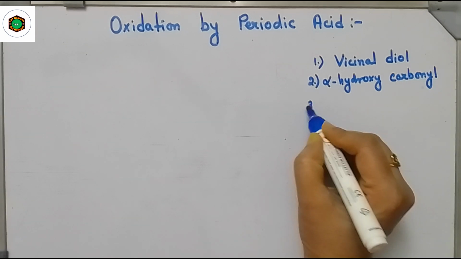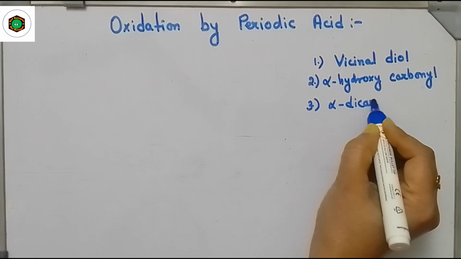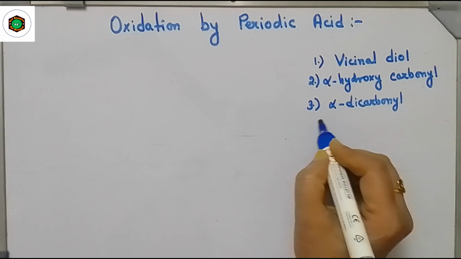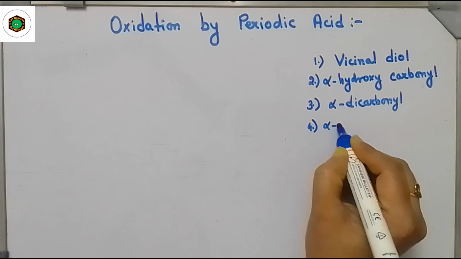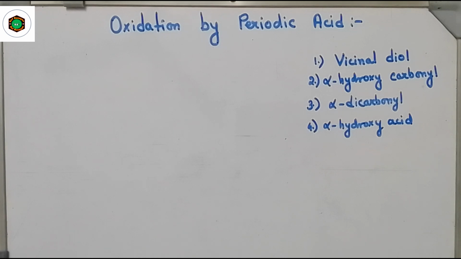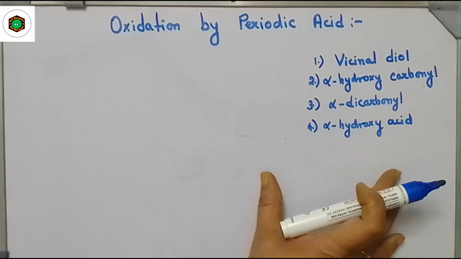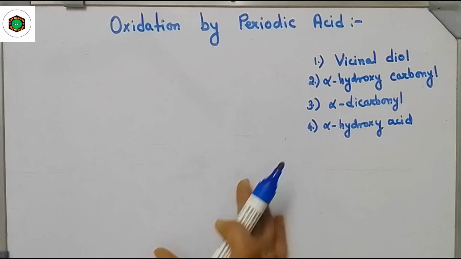It can oxidize alpha dicarbonyl compound and it can oxidize alpha hydroxy acid. So for such types of moieties oxidative cleavage takes place. One by one we will see all the examples.